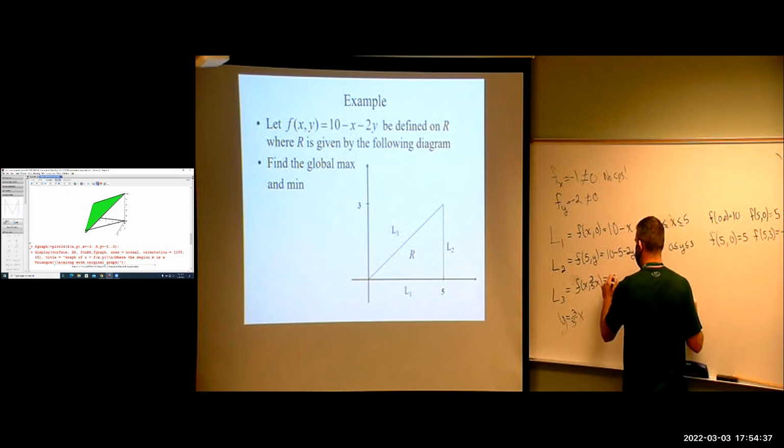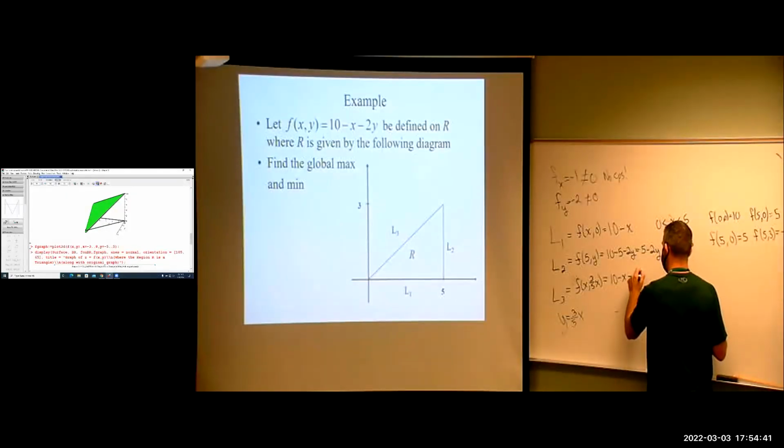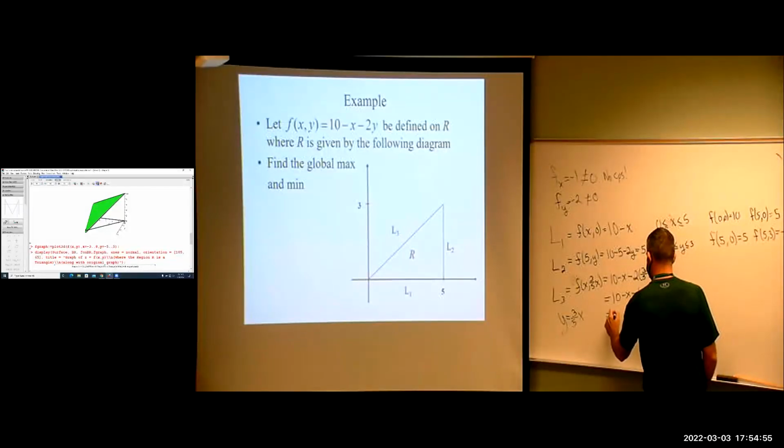So we have 10 minus x minus 2 times 3/5 x, which we'll simplify to 10 minus x minus 6/5 x. So 10 minus, let's see, 5/5 minus another 6/5, so minus 11/5 x.